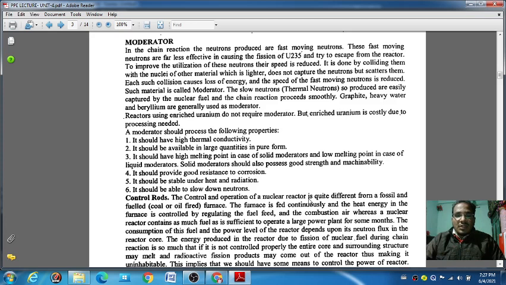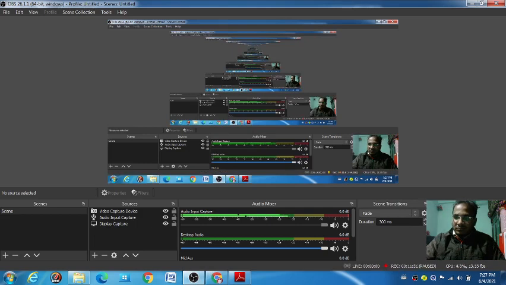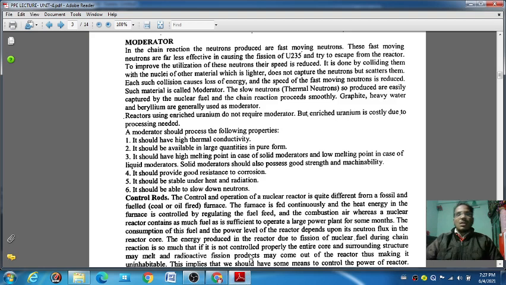It should be available in large quantity in pure form. It should have a high melting point in case of a solid moderator, or a low melting point in case of a liquid moderator.